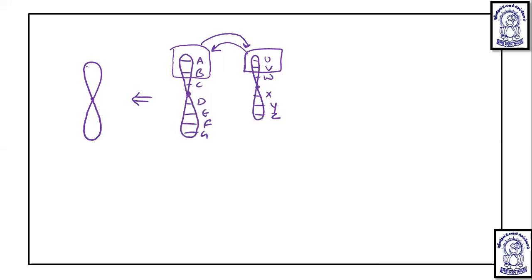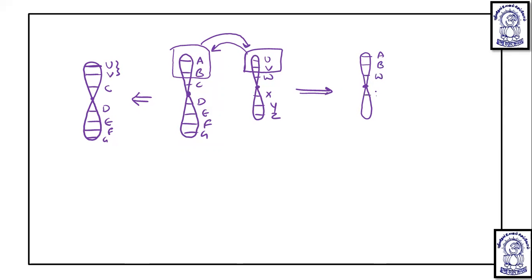So now the chromosome will have U, V, C, D, E, F, G. Means this is a new segment which is added here. But if you see this other chromosome, U and V get deleted, but A and B are added.